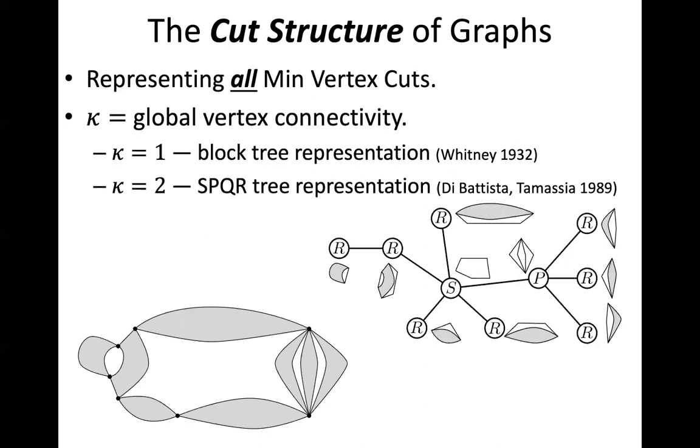And the SPQR tree basically says how to glue these pieces together to form the entire graph. S roughly corresponds to serial, P corresponds to parallel, and Q and R round out the acronym.